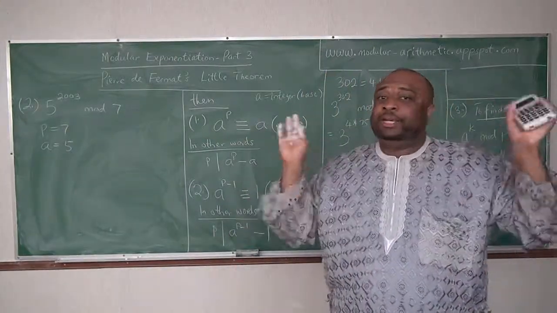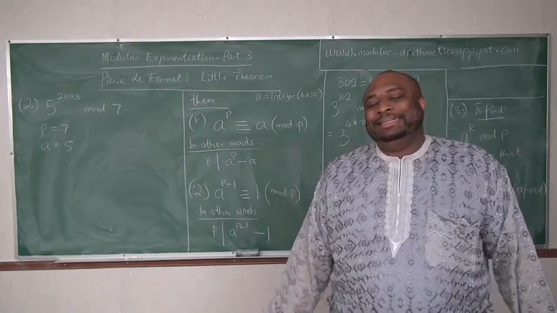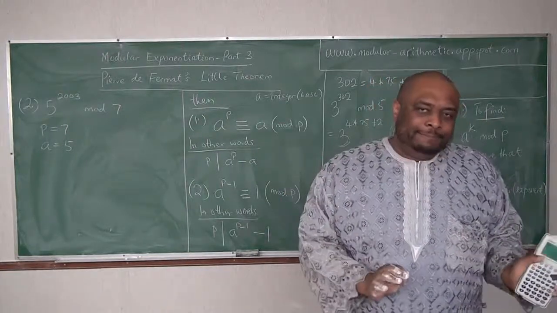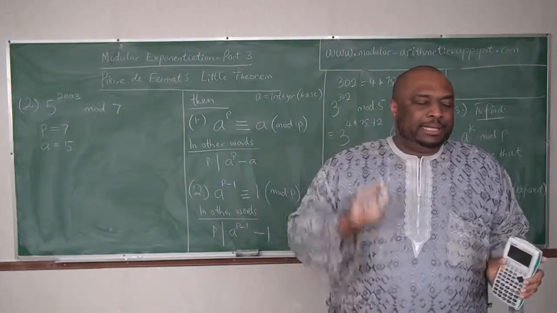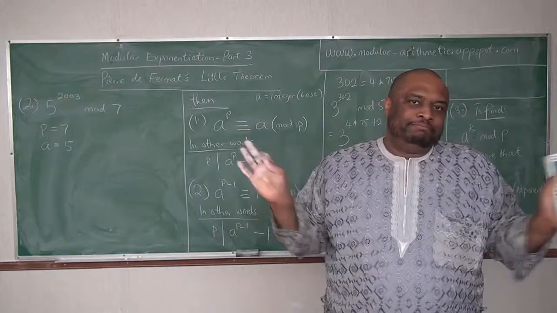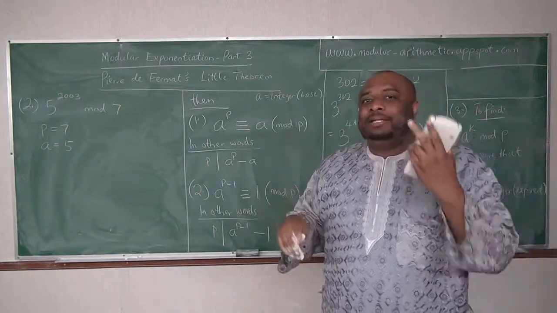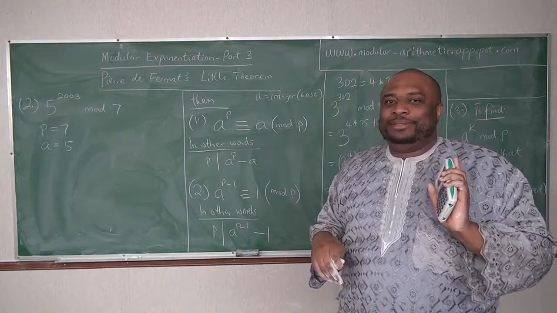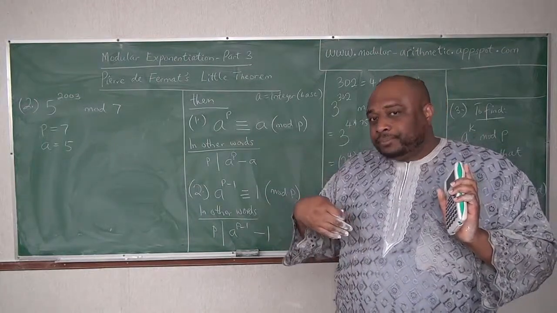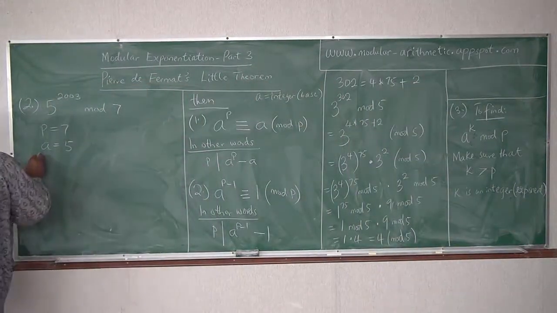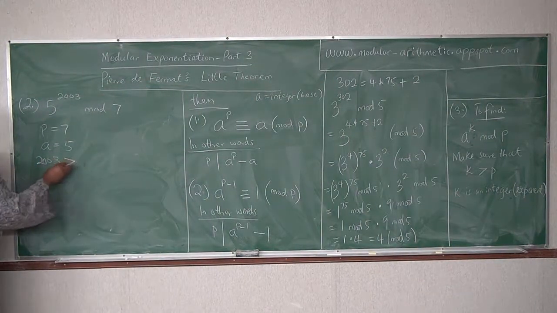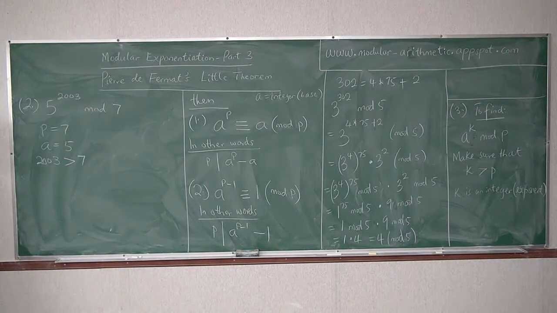That's what you need: the modulo should be a prime number, and the prime number should not divide the base. Then the third one is the exponent being greater than the modulo. Sure it is, 2003 is greater than 7. That's all you need, the 3 of them, and you knock it off.